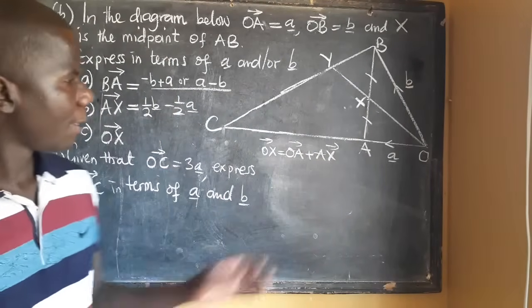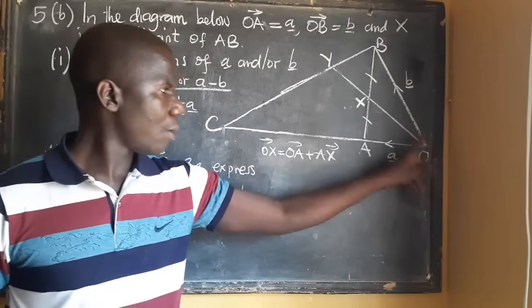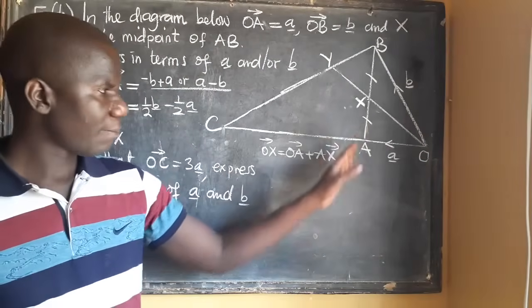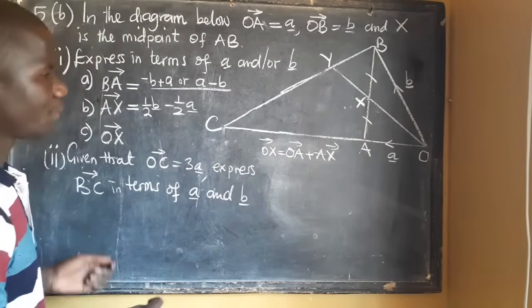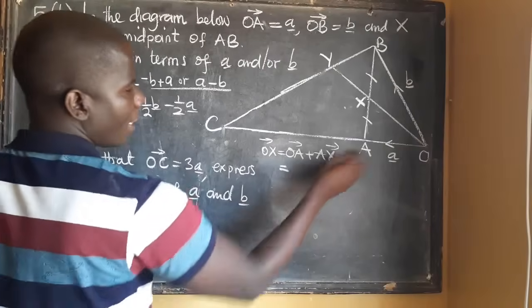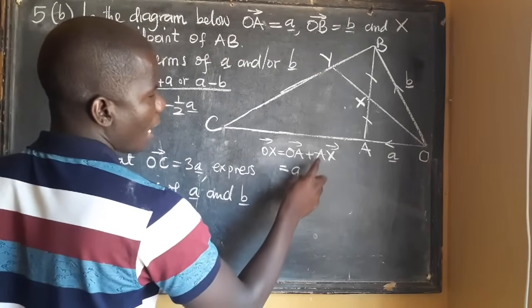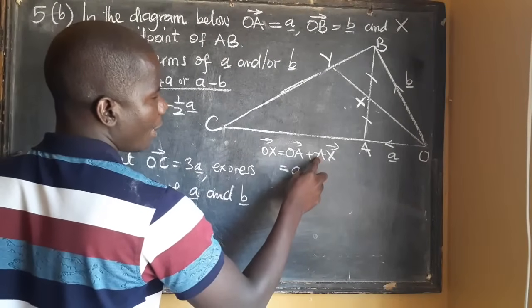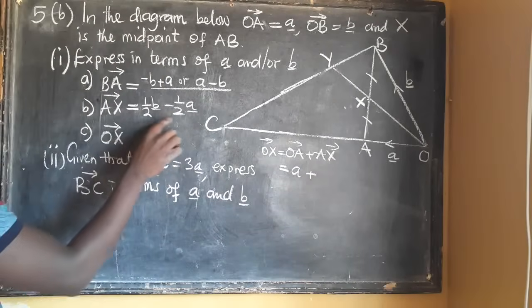Our OA is A here, and our AX is this one here.